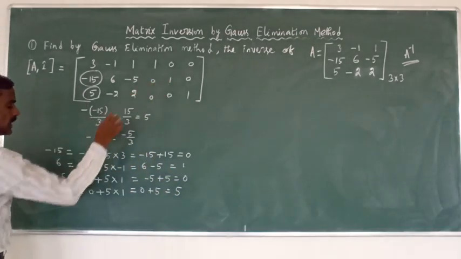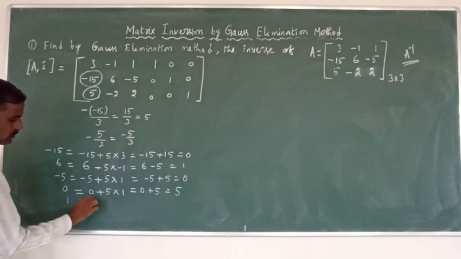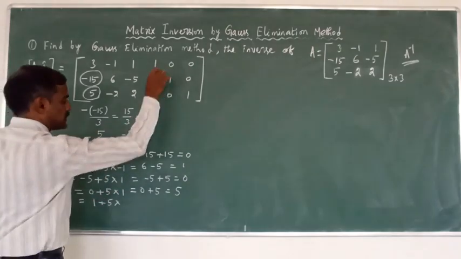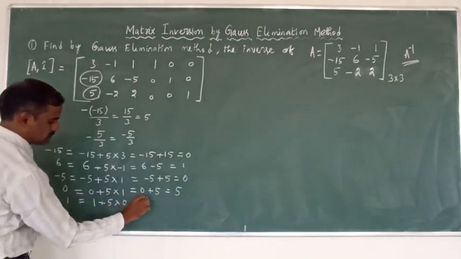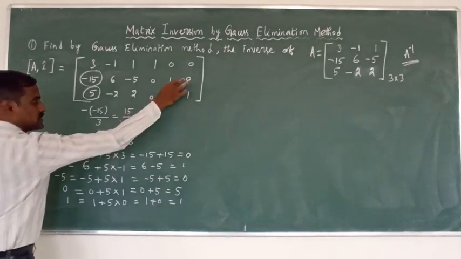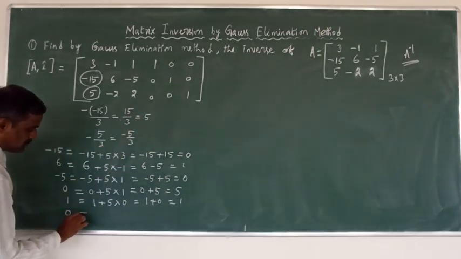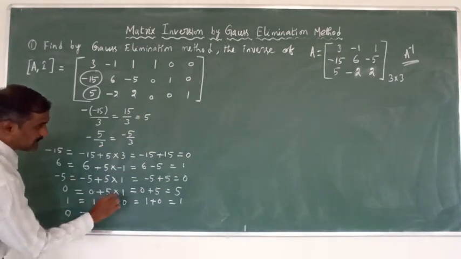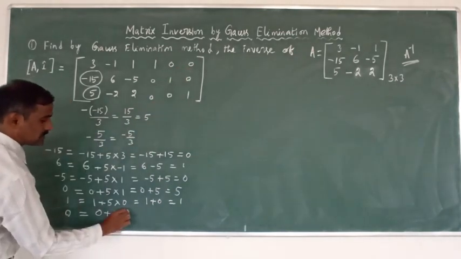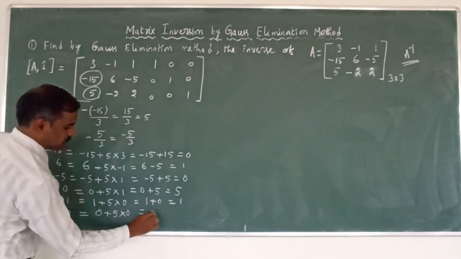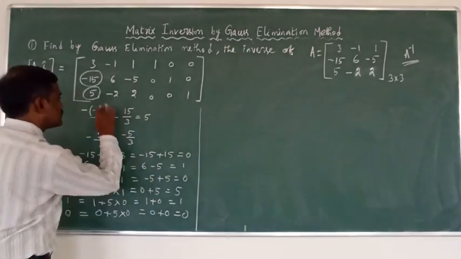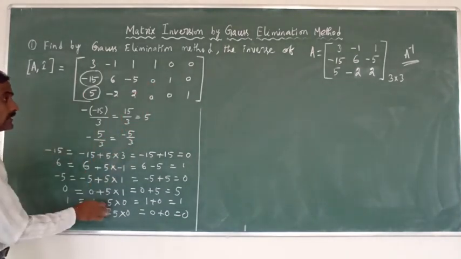Next, 1 equals 1 plus 5 into corresponding value 0 equals 1 plus 0 equals 1. Next, 0 equals 0 plus 5 into corresponding value 0 equals 0 plus 0 equals 0. Okay, this is the value.